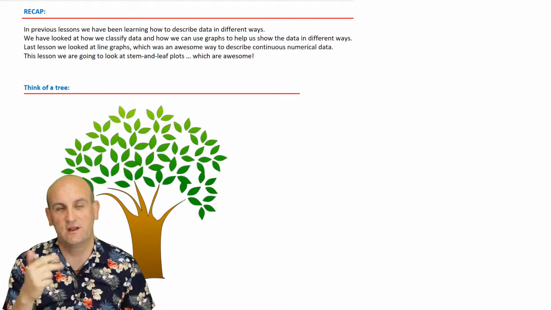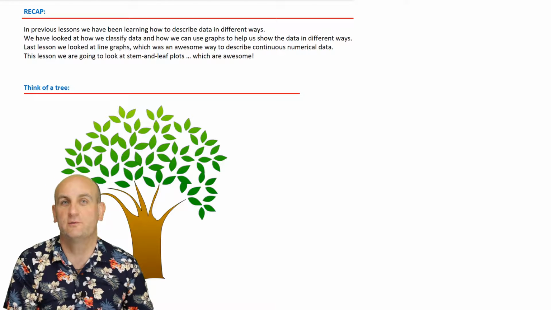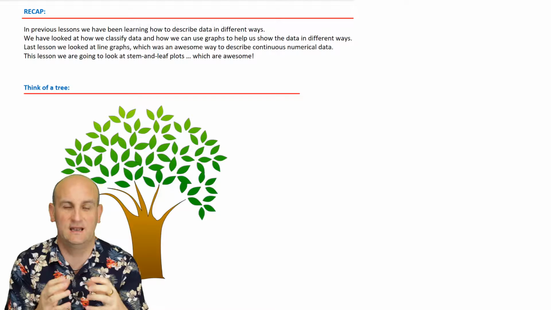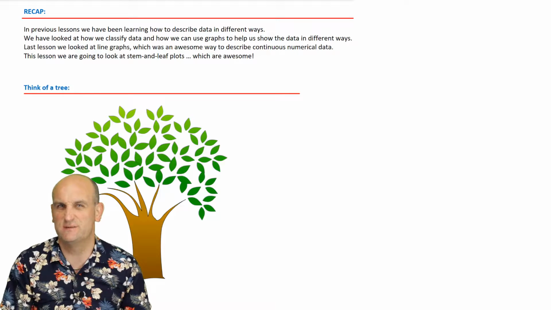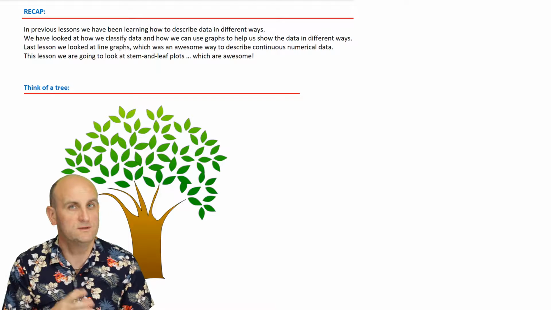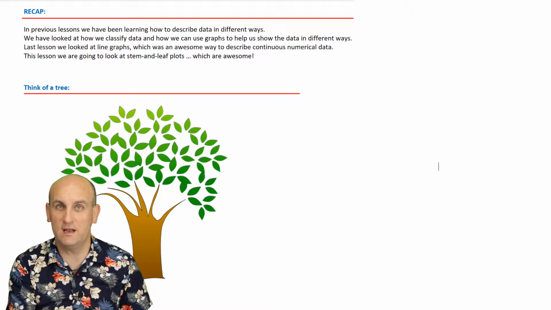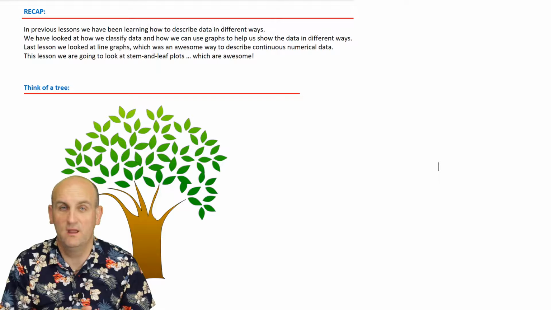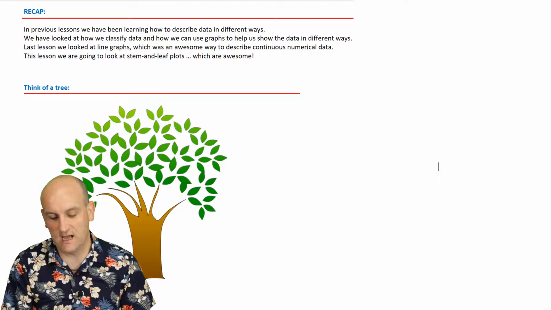Just lists and lists of numbers, and our brains can't really do much with those numbers. But when we start putting them into graphs or pictures or diagrams, our brain can suddenly start making links. It can make associations about which is the most popular, the mode, which is the average, which is the middle one, the median, and how far spread the data is apart from each other. So that's really why we do this stuff.